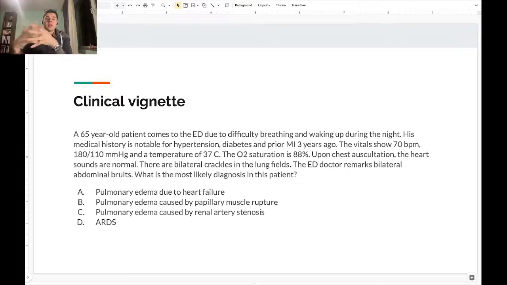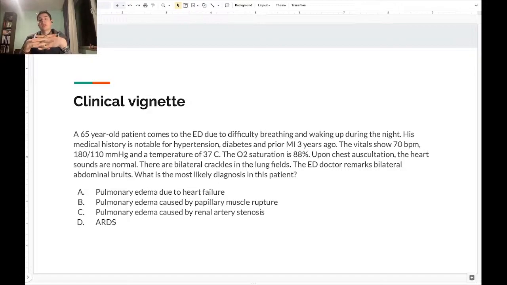His medical history is notable for hypertension, diabetes, and prior myocardial infarction. The vitals show 70 beats per minute and 180/110 pressure and a temperature of 37 degrees Celsius. His SATs are somewhere around 88%.